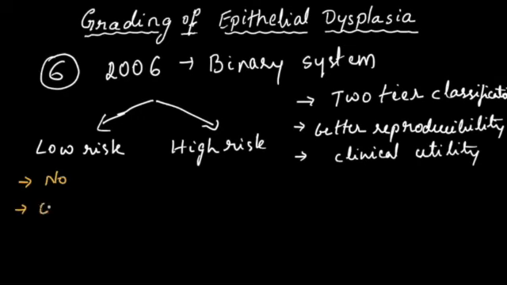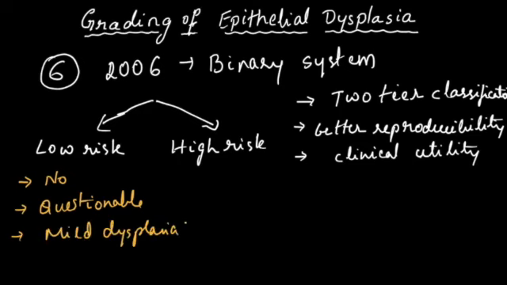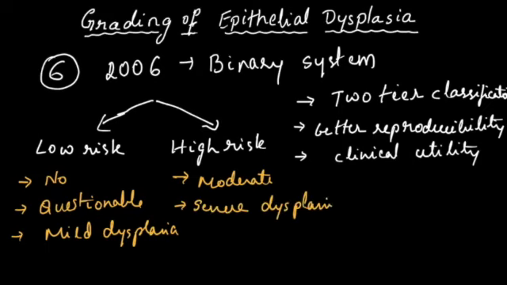Now, what is low risk? It is no questionable or mild type of dysplasia that we see in the WHO classification system. Similarly, high risk corresponds to moderate and severe dysplasia of the WHO classification system.